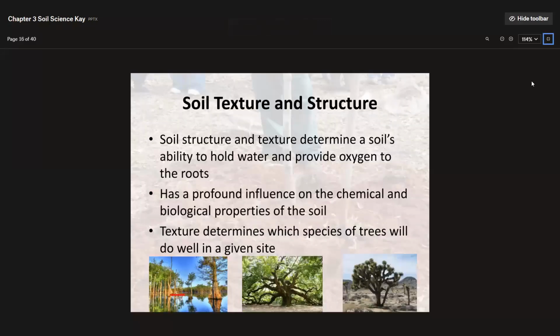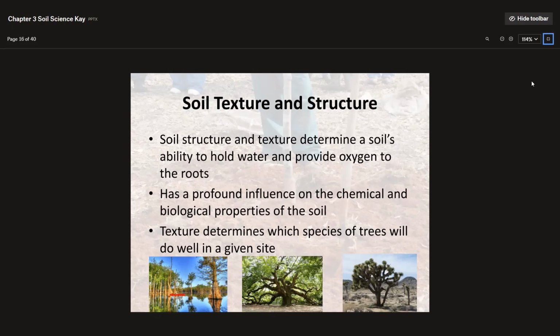So soil texture and structure. Soil structure and texture determines a soil's ability to hold water and provide oxygen to the roots. Makes sense, right? It has a profound influence on the chemical and biological properties of the soil. Texture determines which species of trees will do well in a given site.